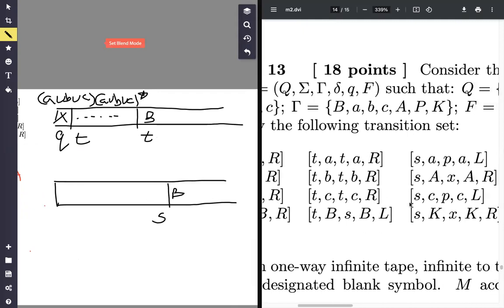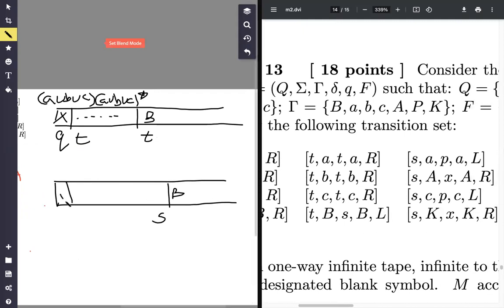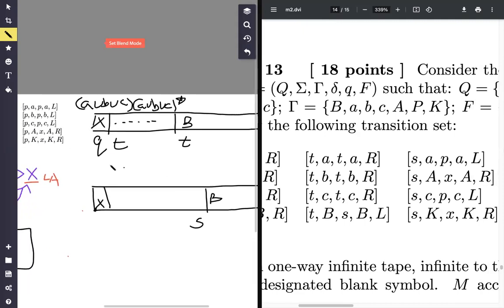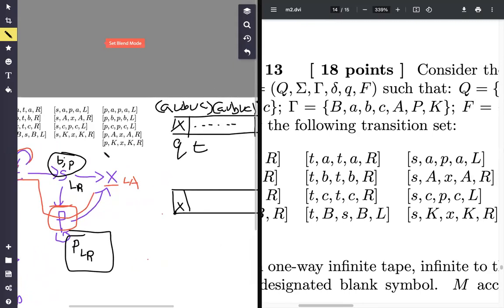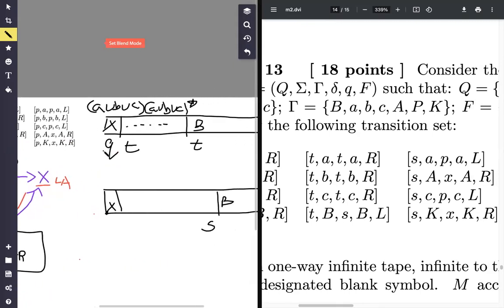Okay, so in state S, we know there's definitely a capital letter on the tape. In state S, what do we say halts in state S? A lowercase b or a capital P? So let's do the lowercase b first. If there's a lowercase b here, that means all of this is (A or B or C) star.